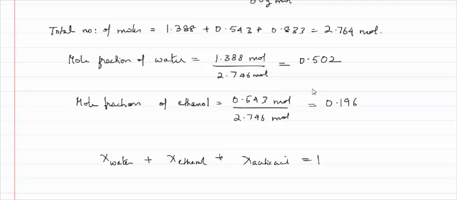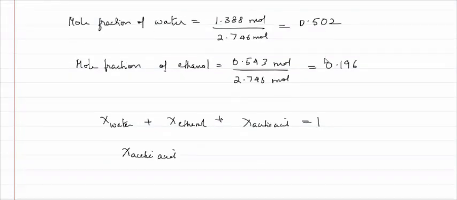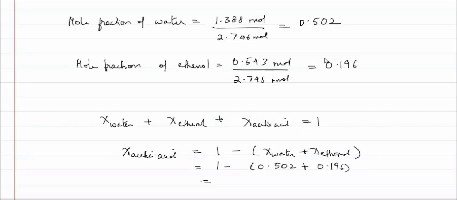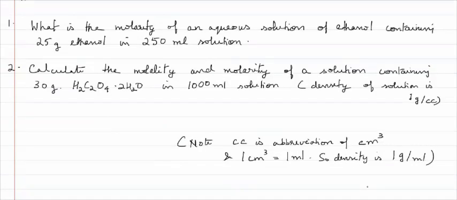So mole fraction of acetic acid can be easily calculated as 1 minus mole fraction of water plus mole fraction of ethanol, which is equal to 1 minus, which is equal to 0.302. So here are two homework problems.